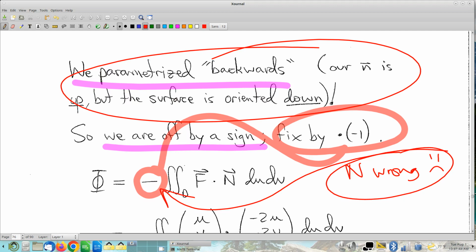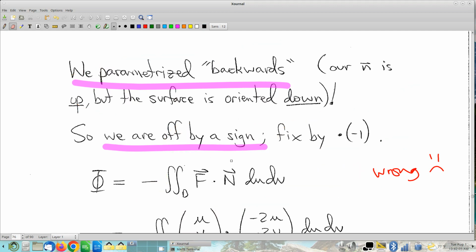Right? You just have to recognize that you parameterized the wrong way, and arrow to your minus sign, and go about your calculation. Yeah. Okay. All right.